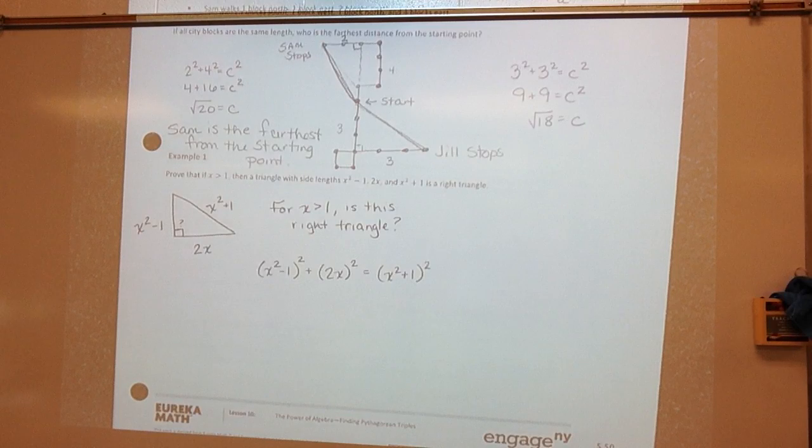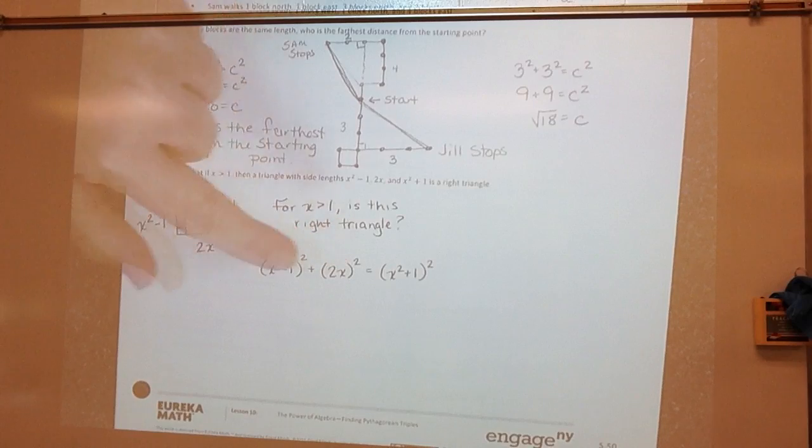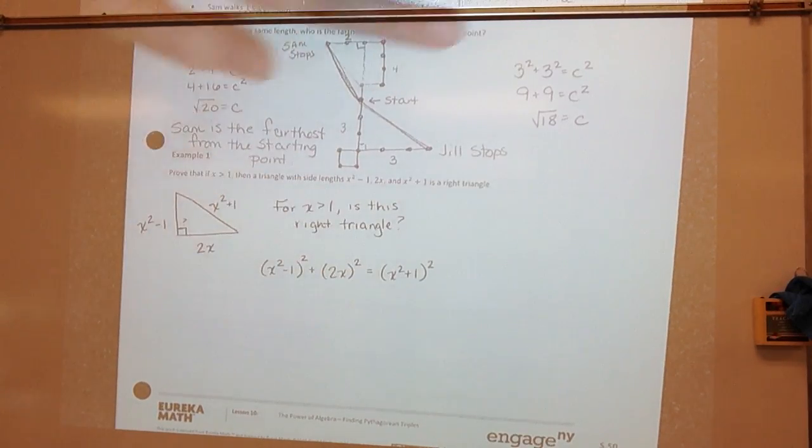All I'm doing is substituting in my A, my B, and my C for the Pythagorean theorem. We are given a triangle with side lengths 2x, x squared minus 1, and x squared plus 1, for some real number x greater than 1. We need to show that the three lengths form a Pythagorean triple.